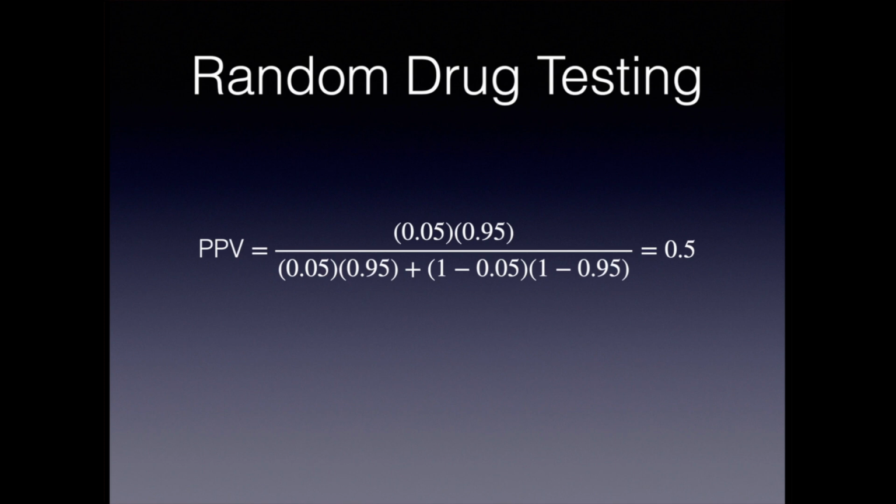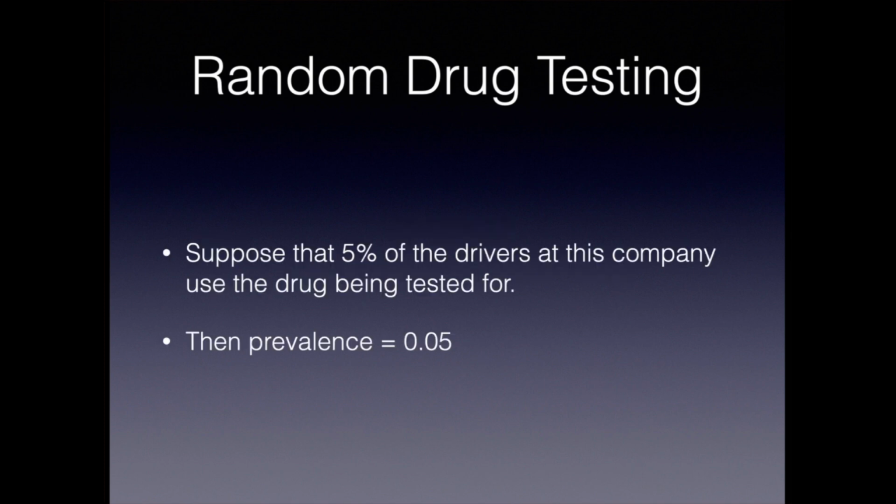And this is a Bayesian quantity. It's computed from the data itself, which is obtained through the screening test, as well as the prior information that we know or are assuming about the population, specifically that the prevalence of the drug use in this population is 5% or 0.05.